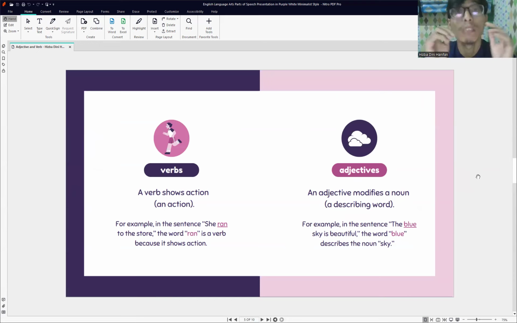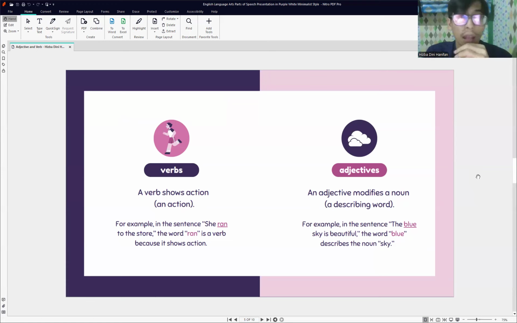The word ran itself is a verb, representing an action. What's the action? Running or run. That's the definition of a verb. Clear, everyone? Good. And then moving on to adjectives.